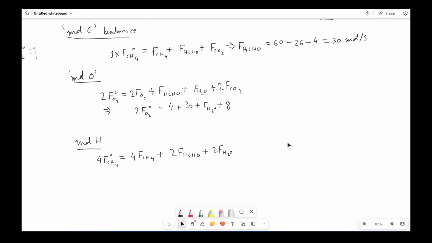Now a few values are already given. This equation can be divided by 2 because there is a common factor of 2.